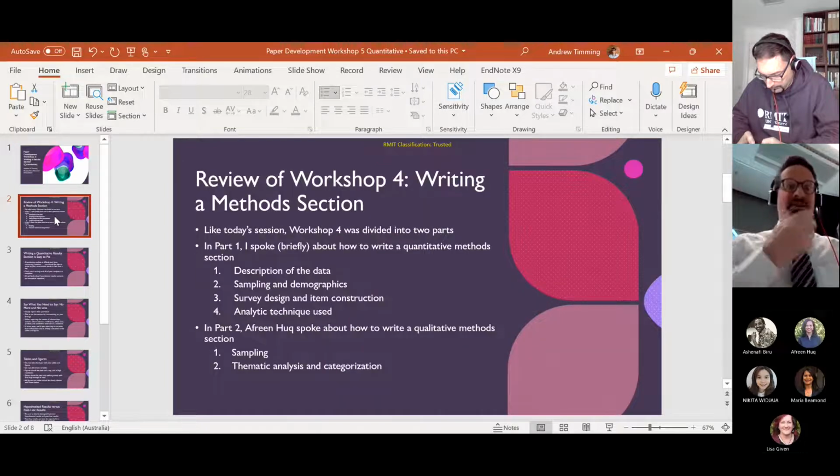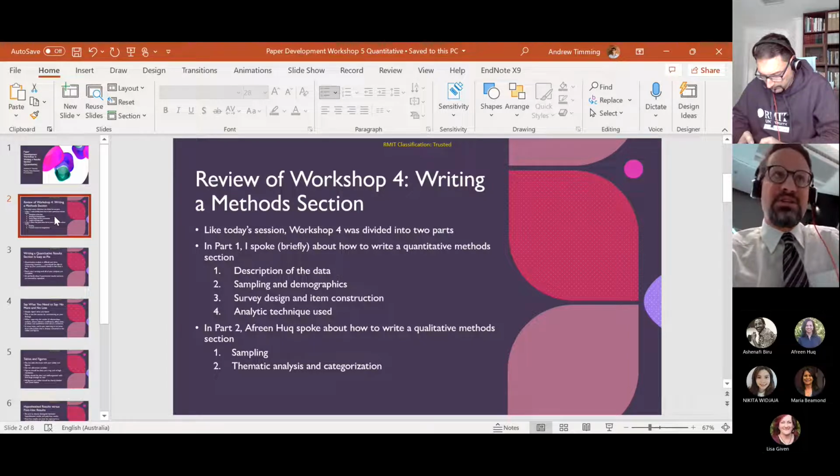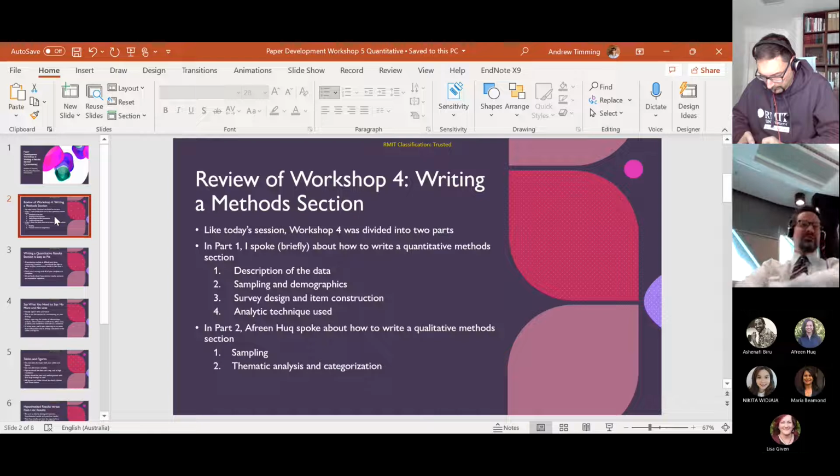Let me start with a brief review of our previous workshop, which focused on writing a method section. Like today's session, it was divided into two parts.